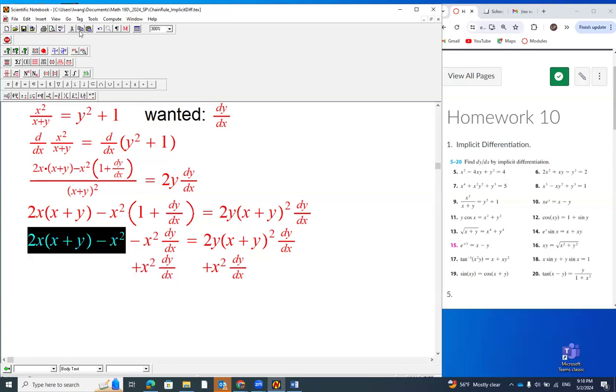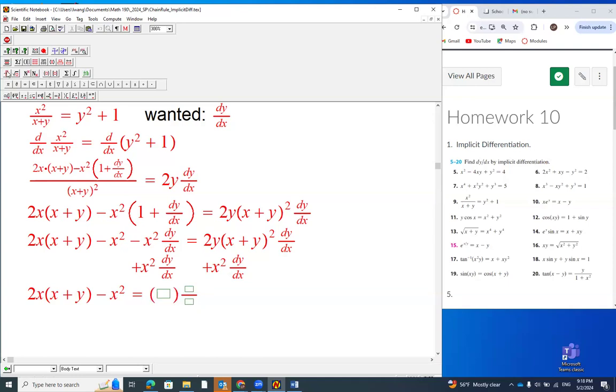So on the left-hand side, we have this piece. On the right-hand side, we're going to have dy dx factored out, and inside the parentheses is going to be that piece, adding x squared.